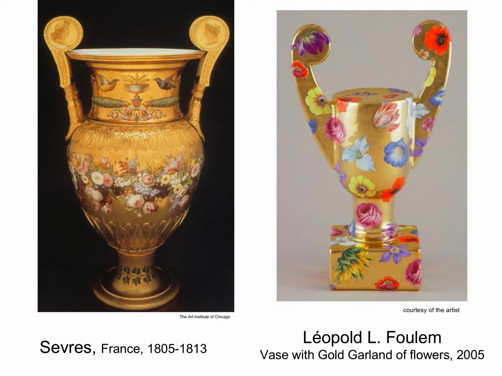The form on the left is a volute crater from Greek Attic pottery vocabulary of forms, reworked in France in porcelain. So it's a different size, it's a different material, it has a completely different kind of surface on it, but it still references an object that comes from a culture that's almost 3,000 years old.